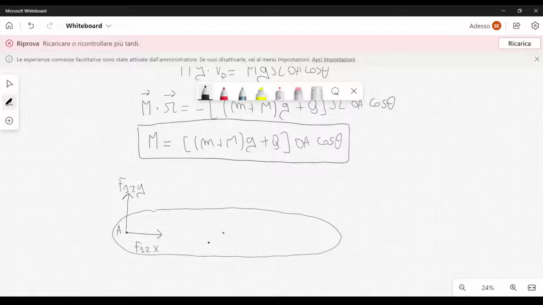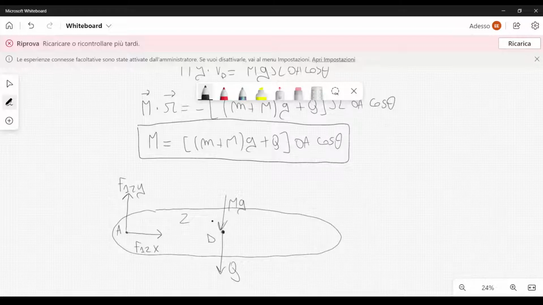Then here we have the point D and we have Q. We also have capital M times G. And at the point D, we also have some inertia force due to the acceleration of the point D. Because even if the second body here is not accelerating, does not have an angular velocity, it does not mean that it is not accelerating.